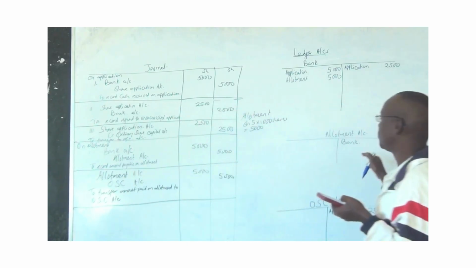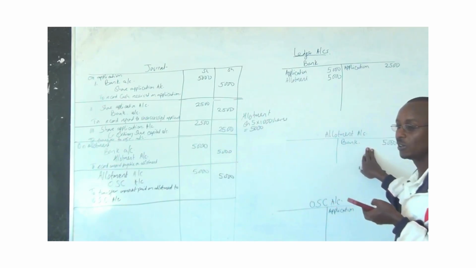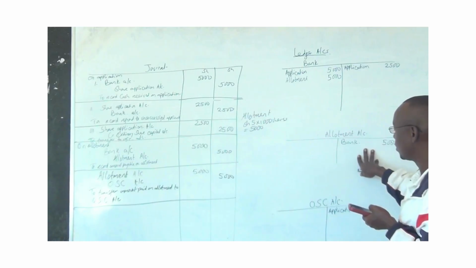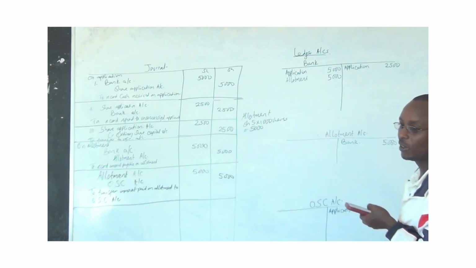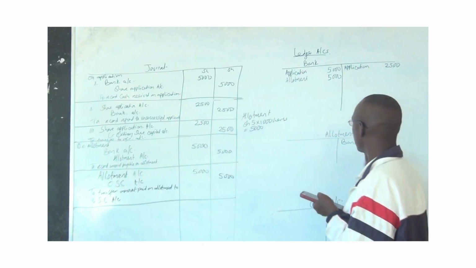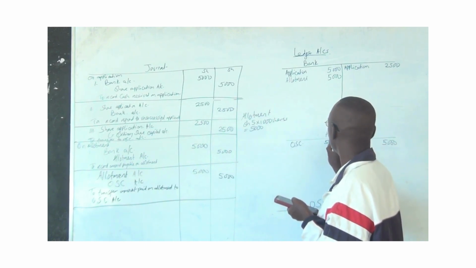Then also here, you don't need this allotment account. You are through with this. Now this one has been received. It has now become part of our ordinary share capital. So we transfer this amount to the ordinary share capital account.